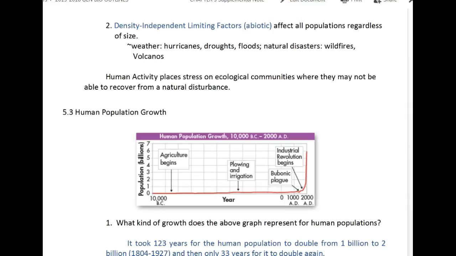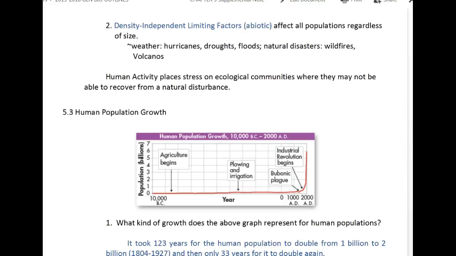In the last screencast, we were talking about density-independent factors and density-dependent factors. A density-dependent factor depends on the number of living things present, so we called it biotic.